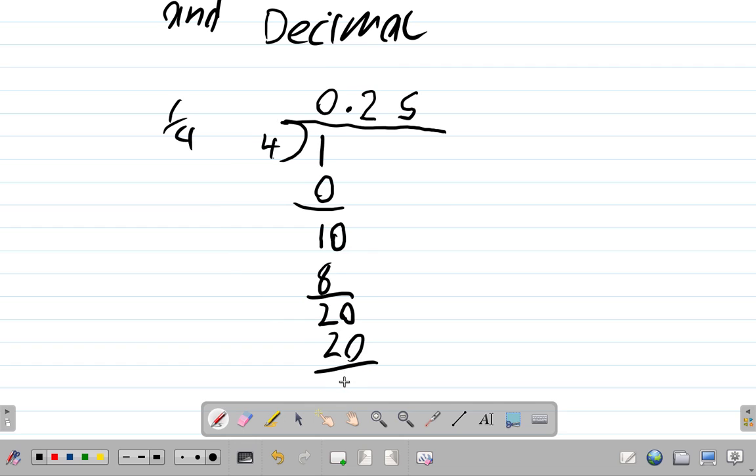Subtract, you get 0. So that is where you end that part of it. Therefore, this is saying 1 divided by 4 is 0.25. You see that?